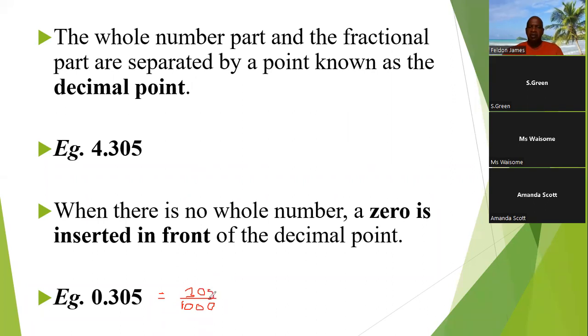All you need to do now is cancel down using the highest number you can find that can go into both numbers. Obviously you can use 5. So 5 into 305 gives you what?